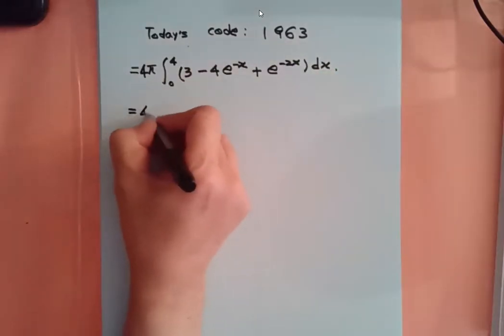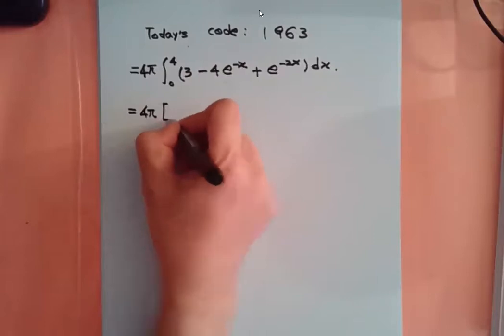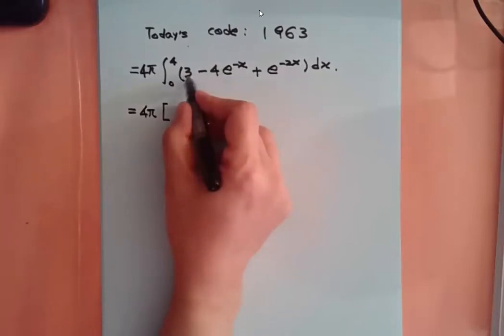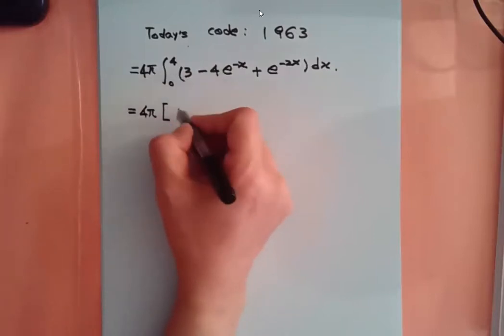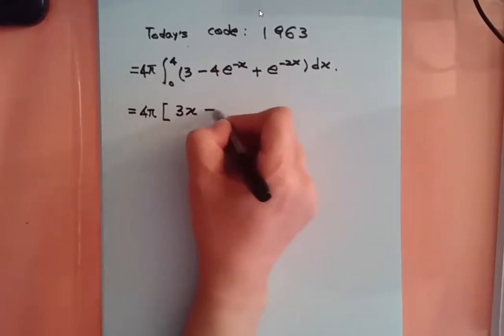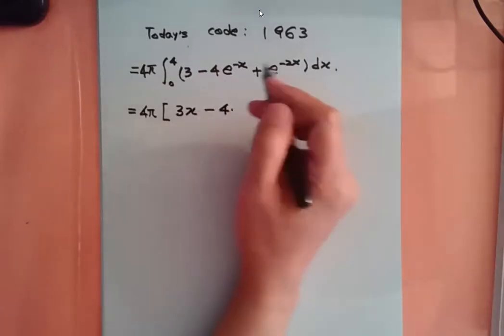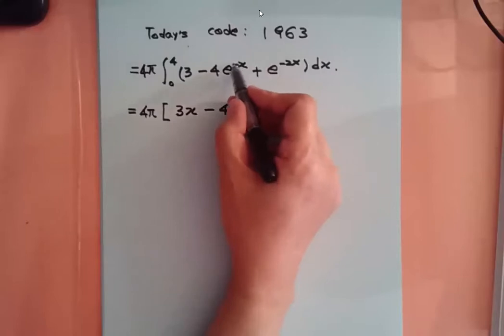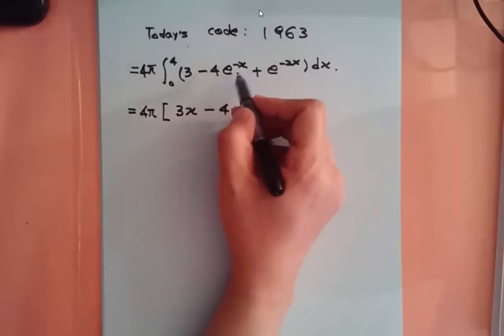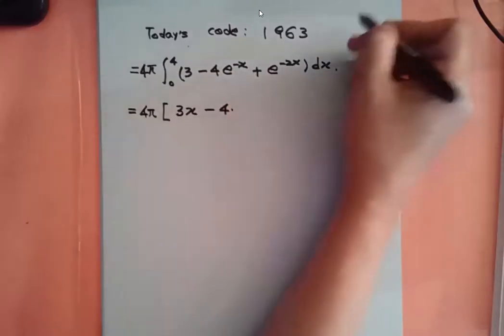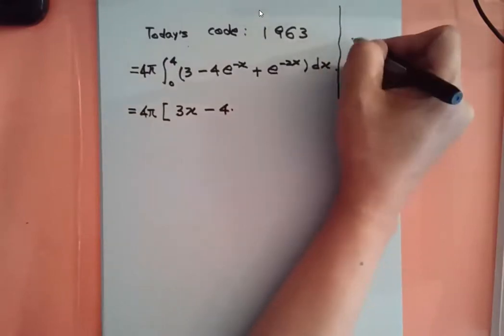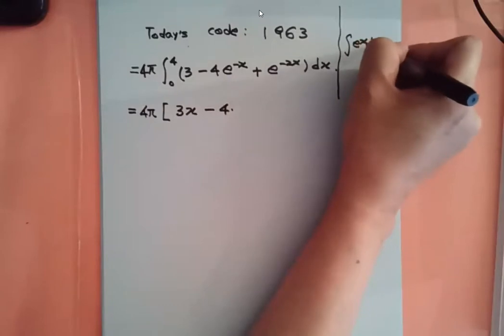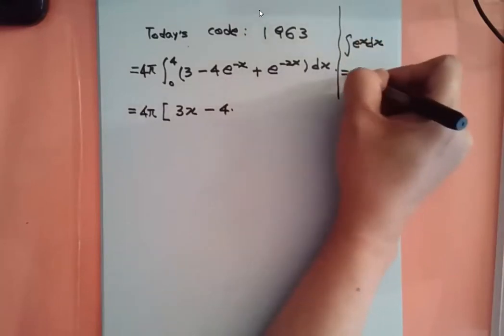So that is 4 pi. And then integration of 3 dx is 3x, minus 4 times, you have to divide by the number in front of x to do it. We are doing the substitution formula, but the original integration was e to the x.